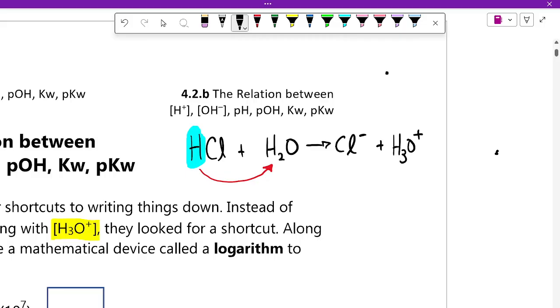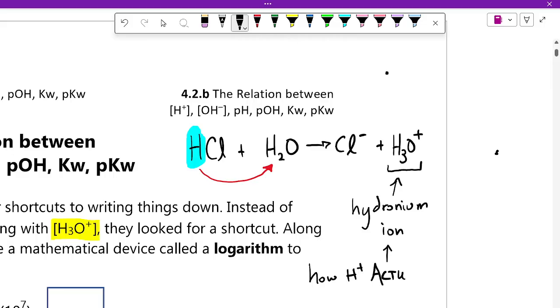And H3O+ is called the hydronium ion, and it is how H+ actually exists in water.